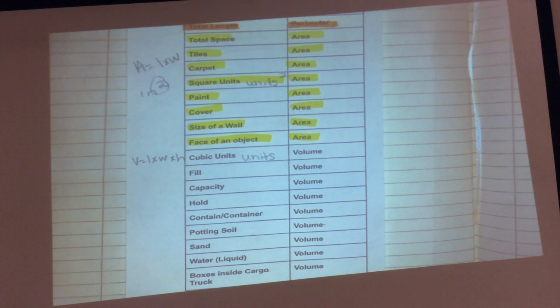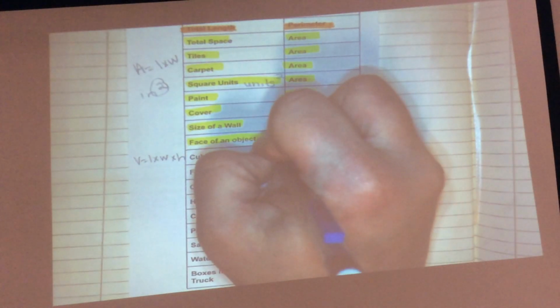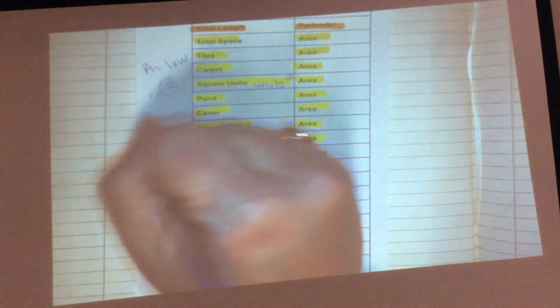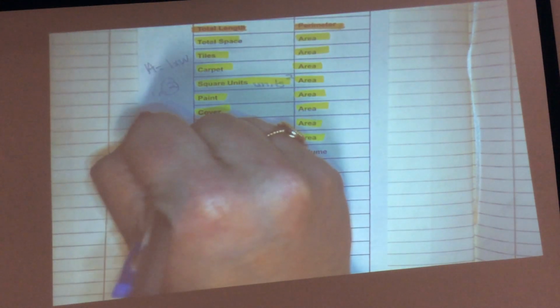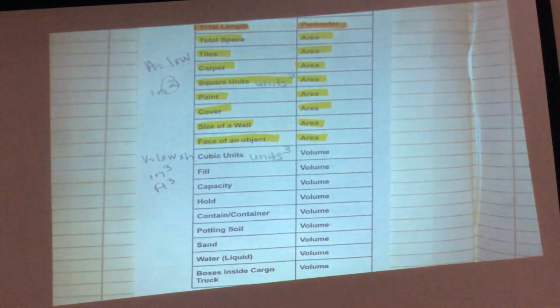Length, width, height, that's 3. So cubic units look like this, you have a 3 next to them. Inches cubed, feet cubed.